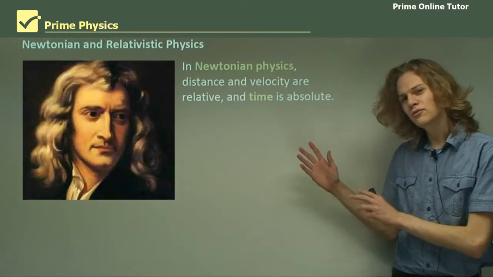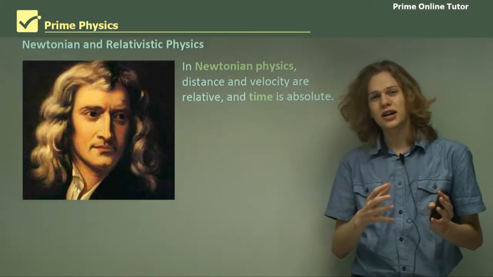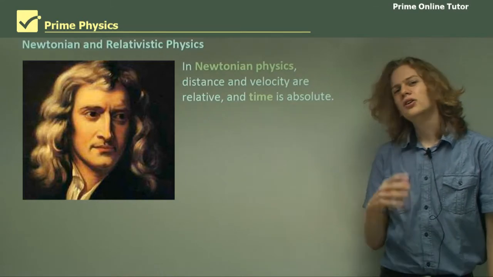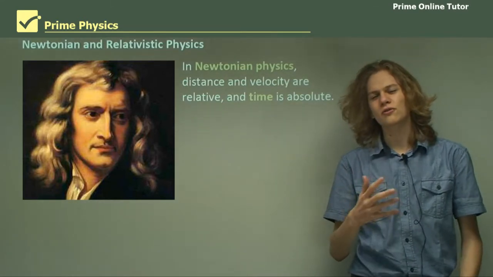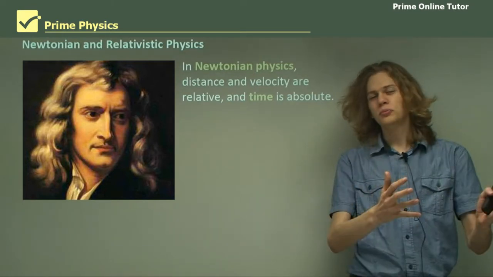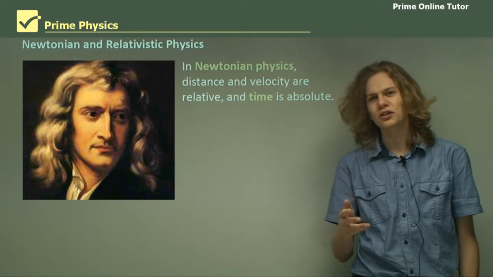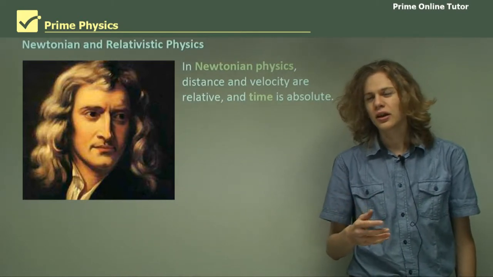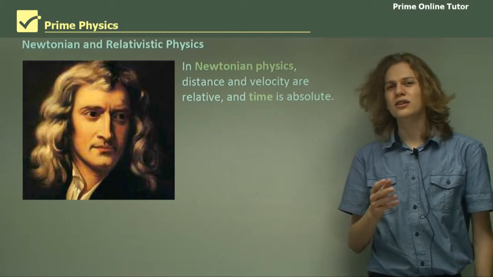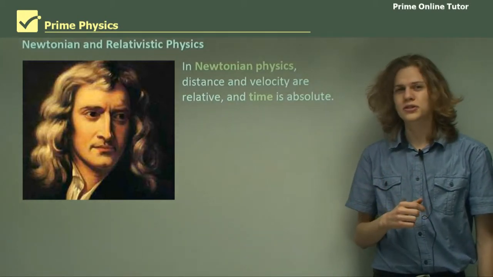Now in Newtonian physics, we have a constant quantity that is unchanging and invariant, and that is time. Time doesn't change depending on how fast you're moving, right? Whether you're traveling at 100 kilometers per hour or whether you're stationary, 1 second is still 1 second for everyone. In Newtonian physics or classical physics, time is invariant, but not so for relativistic physics.